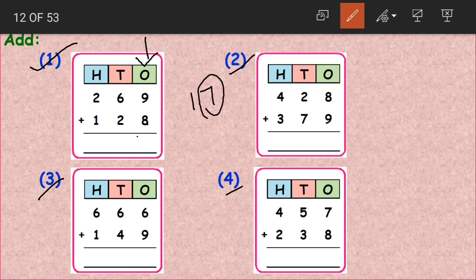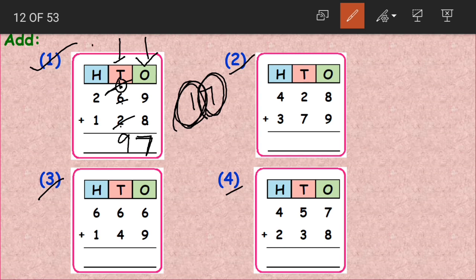Write the digit in ones place here. In ones place we are having 7. So we'll write it here, and this extra digit in tens place will carry to the next digits. Now in the tens place we are having 1 plus 6 plus 2. 1 plus 6 becomes 7. 7 plus 2 becomes 9.